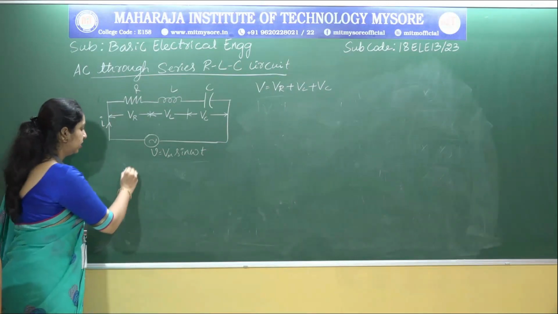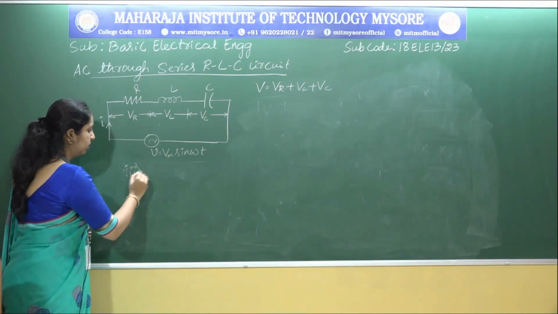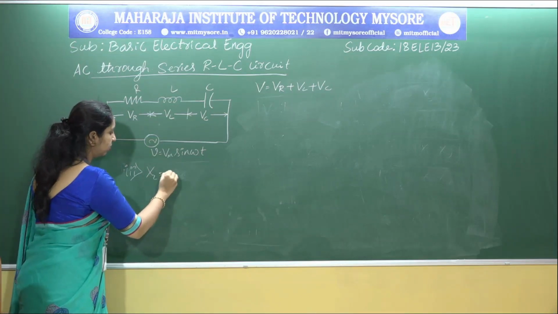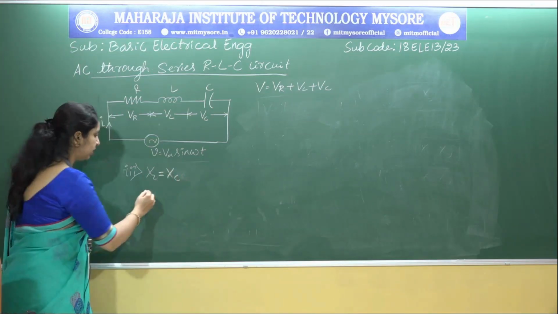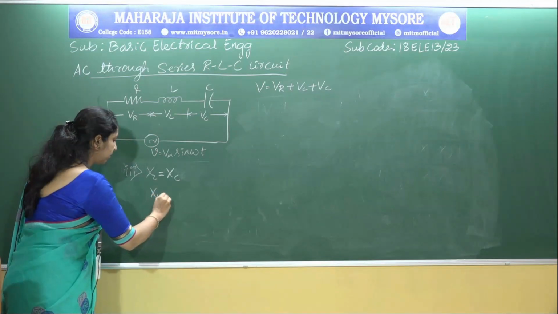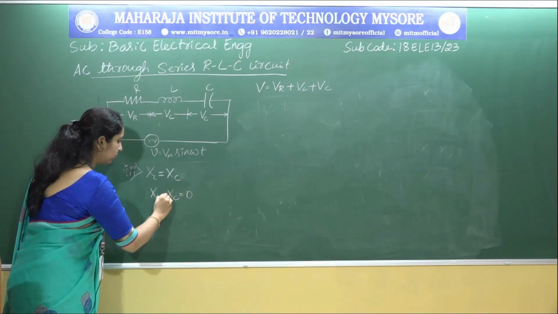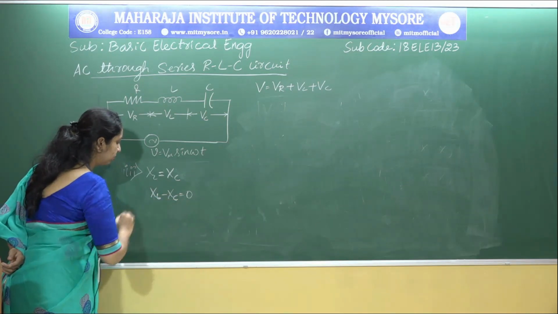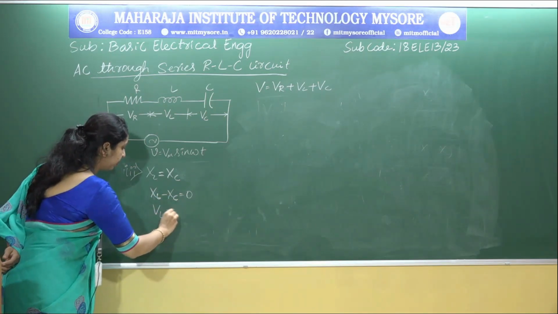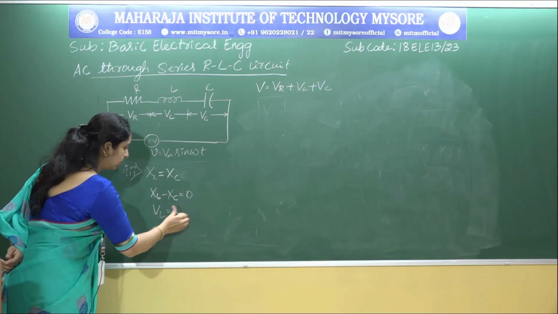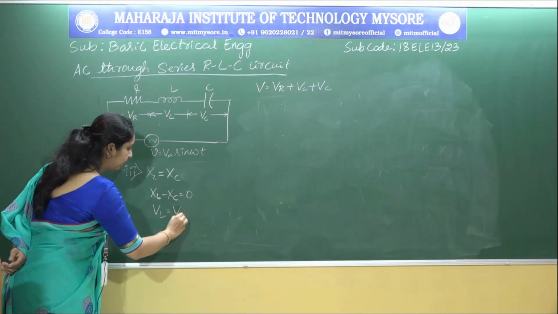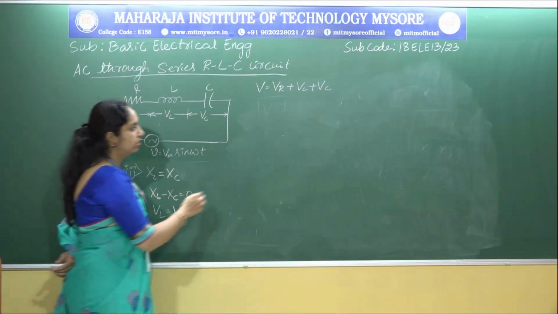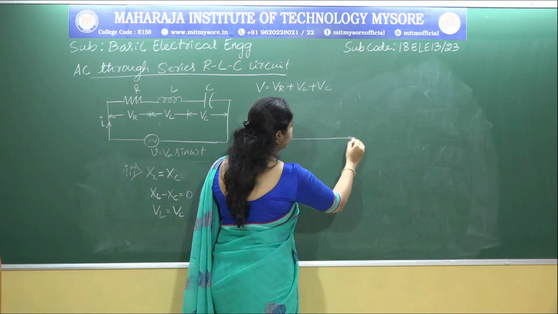In the third case, we shall see one more condition, that is XL is equal to XC. So we can have XL minus XC is equal to 0, that is when both are the same, or VL is equal to VC. Now based on this condition, we can have the phasor diagram.